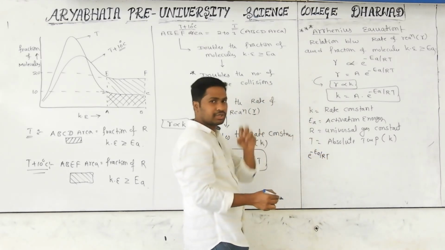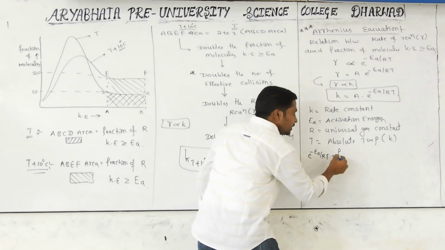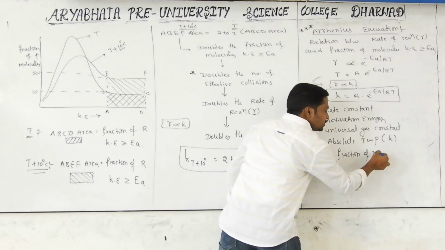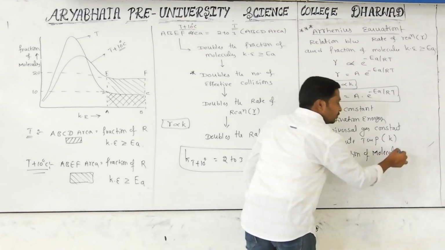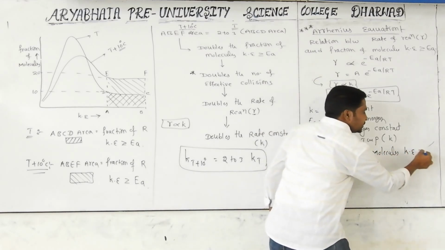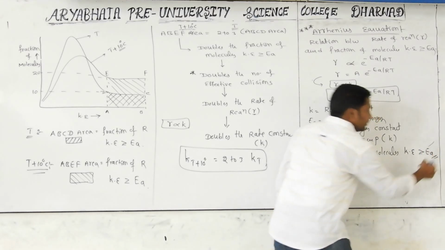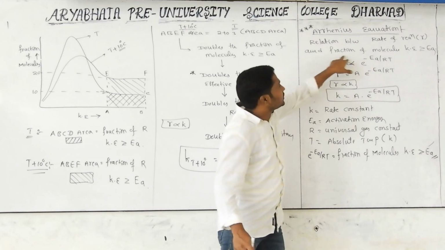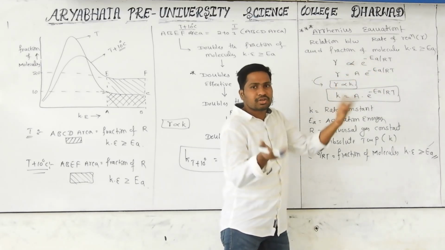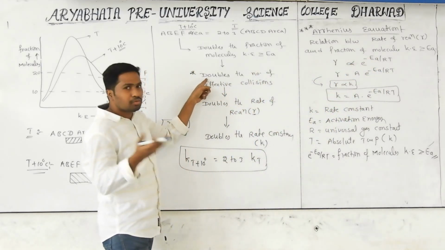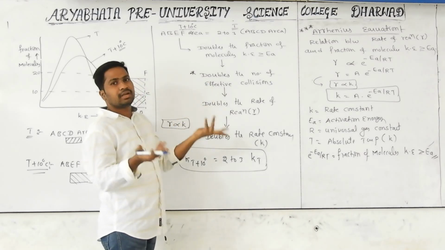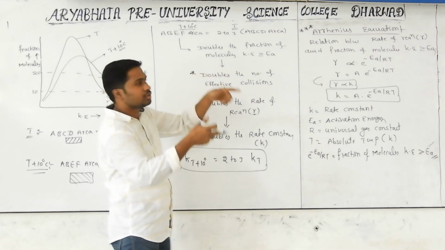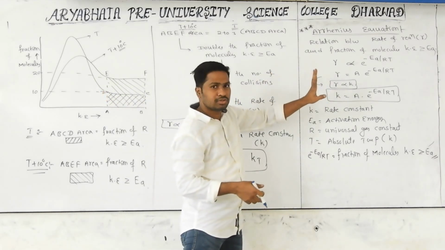The whole exponential term gives the information regarding the fraction of molecules which have kinetic energy greater than or equal to activation energy. As the fraction of molecules increases, effective collisions increase, and the rate will increase. That's why the relation between rate and fraction is directly proportional. From there we got the rate constant equal to this.